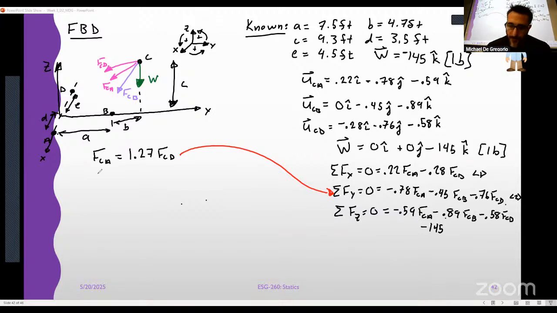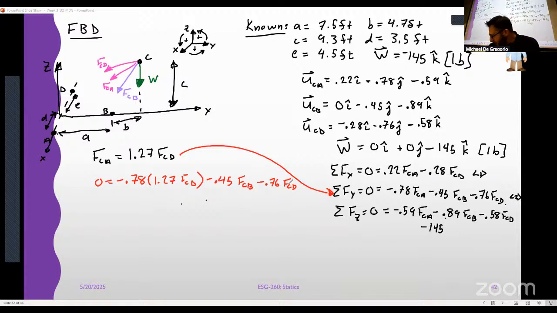If we do that, we get 0 is equal to negative 0.78 times FCA. Well, FCA is 1.27 FCD, minus 0.45 FCB minus 0.76 FCD.